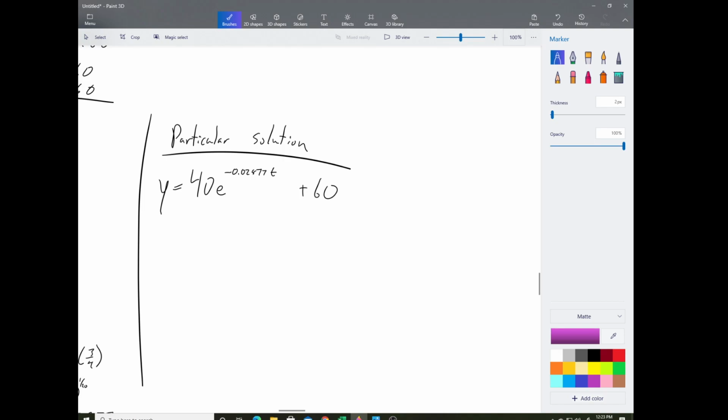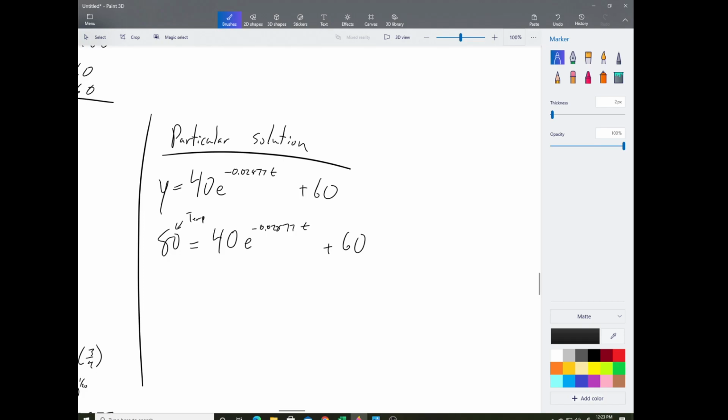So we know we want to go for 80 degrees because 90 degrees minus another 10 degrees would be 80 degrees. And we plug that in as our temperature of the object. And the t is what we're going to solve for.